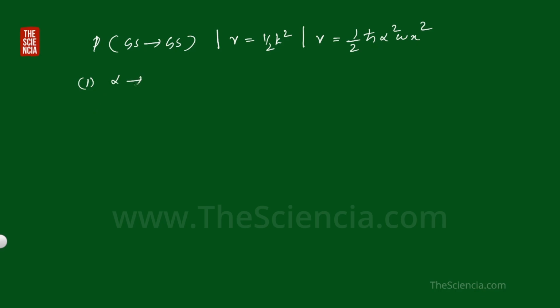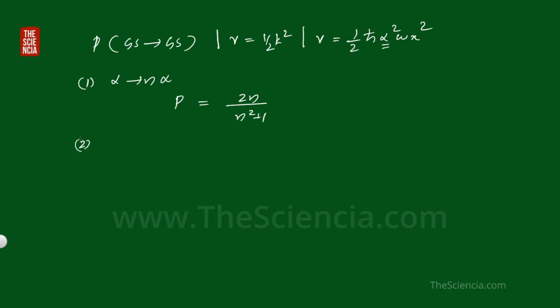So in order to find the probability when one ground state is changing to another ground state, we know the potential function is equal to half kx square, or we can write V is equal to half h cross alpha square omega x square. If alpha changes to n alpha, then the probability will be equal to 2n by n square plus 1.